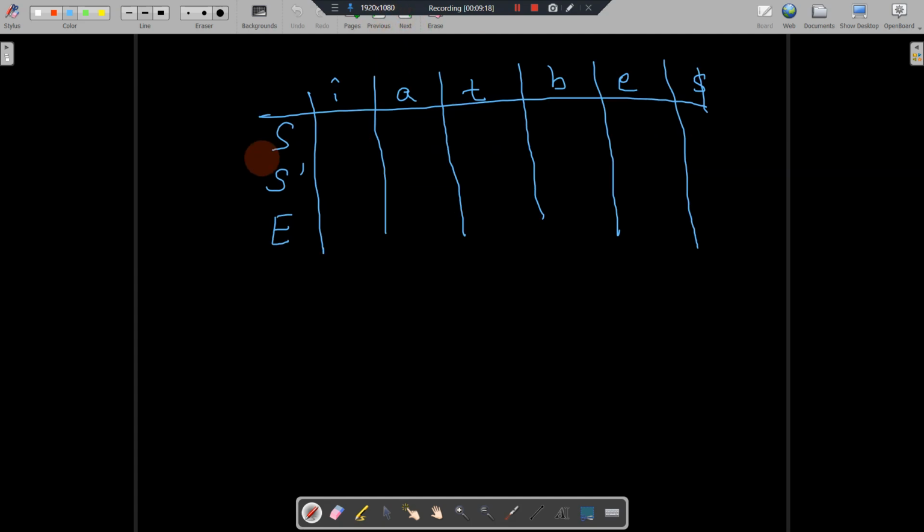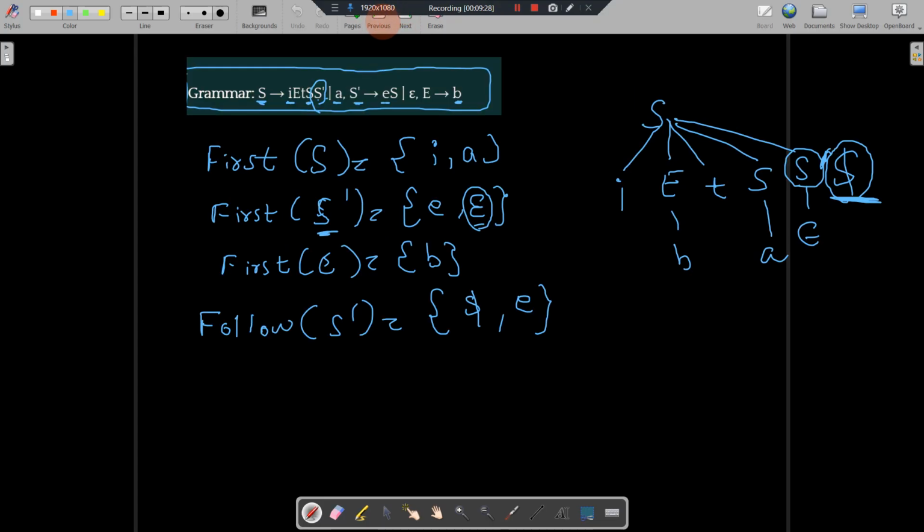Yes. Now which rule? Suppose on the stack top you have S non-terminal and the input is I. So can any rule produce I? Yes, first this, from this production rule.